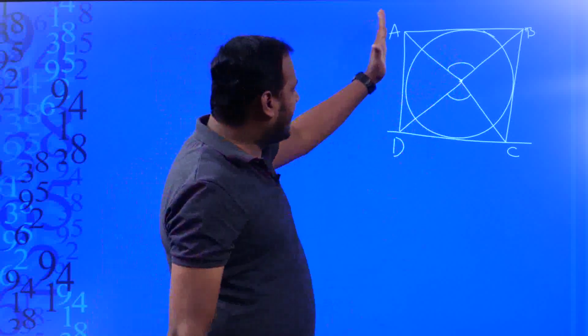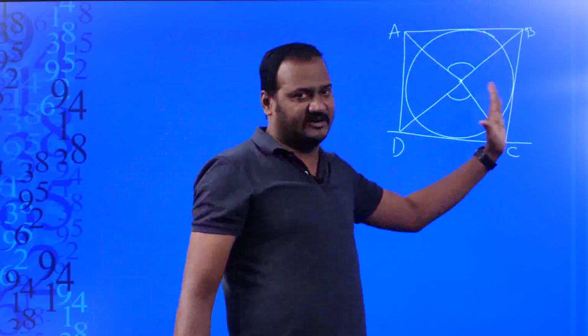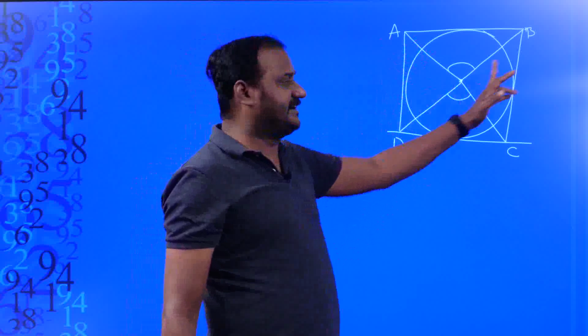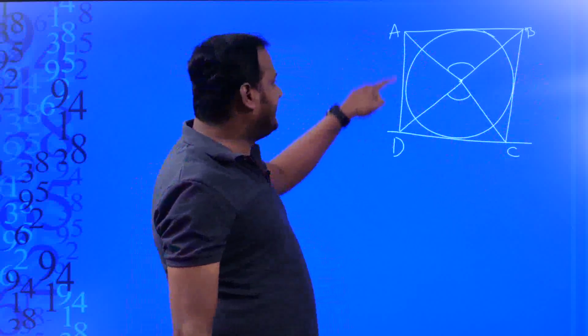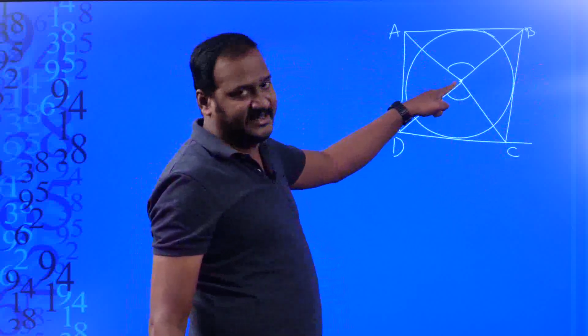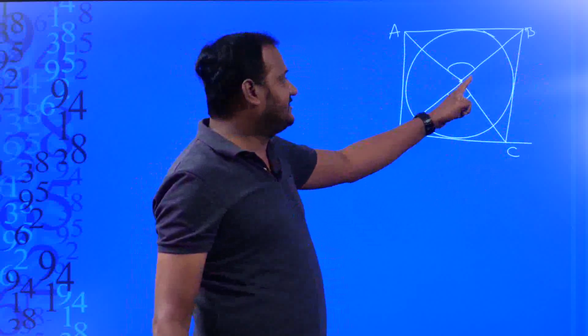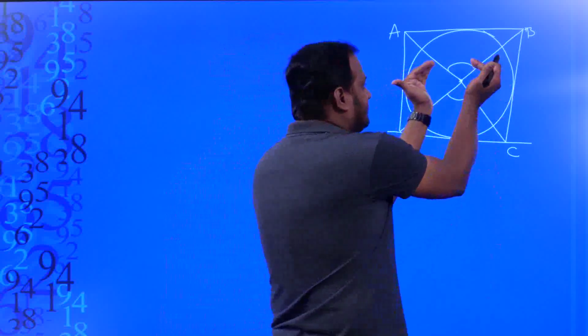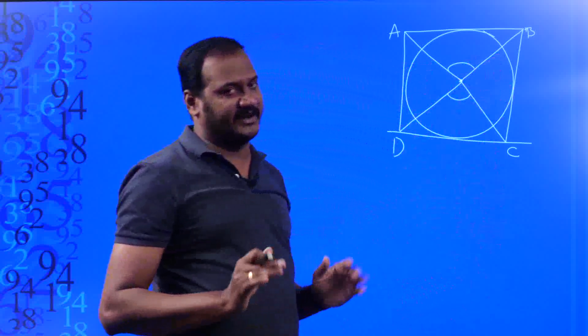Otherwise, you can identify AD and BC also, and prove the same statement by taking AD as well as BC. AD is making an angle at the center, and this is the angle made by BC at the center. So you can even prove that the sum of these two angles is also equal to 180 degrees.